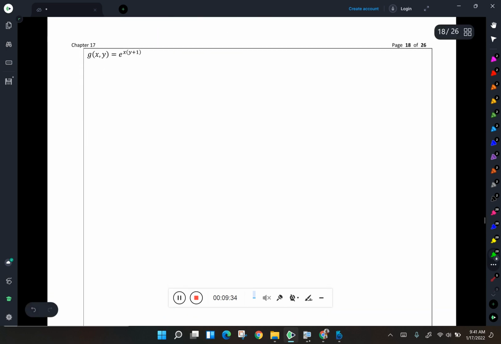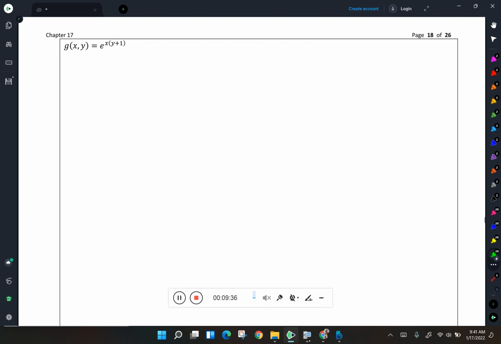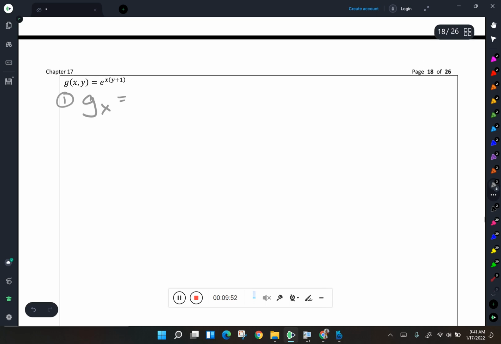All right, let's try another one. Our function is g of xy is equal to e raised to the function x times y plus 1. All right, step 1. Find those candidate points. So what is g sub x? Let's see, if I remember from earlier, d dx of e to the u is e to the u times u prime.